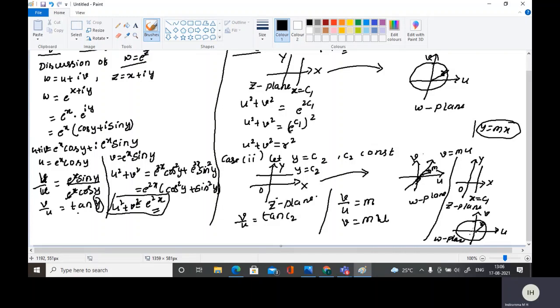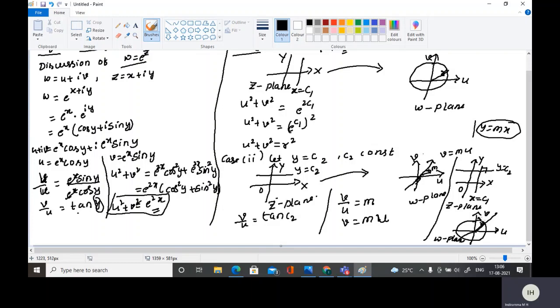Next we consider a straight line parallel to the x-axis, that is y equal to c2, and we got a straight line passing through origin in the W plane. Conformal transformation means the angle between the curves we consider in the Z plane should be the same as the angle between the images of those two curves in the W plane.